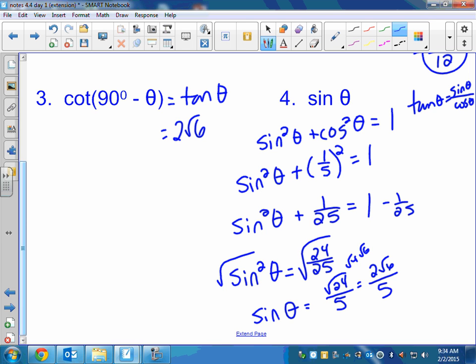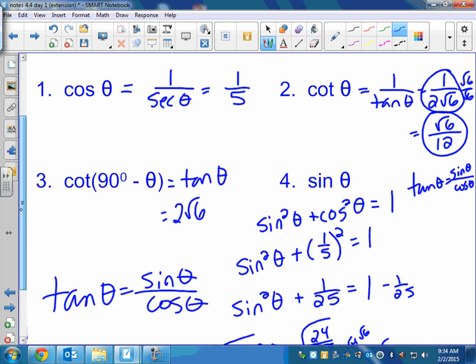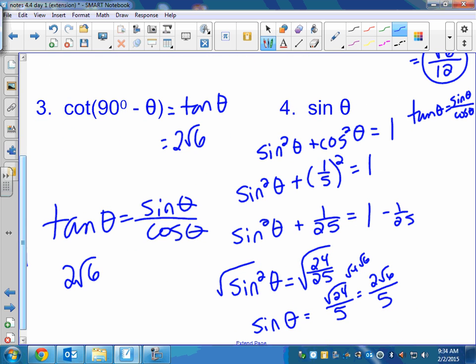It's way easier to get that from here, just to show you really quick. Tangent was 2 square root of 6. Cosine was 1/5. Right? Was that true?